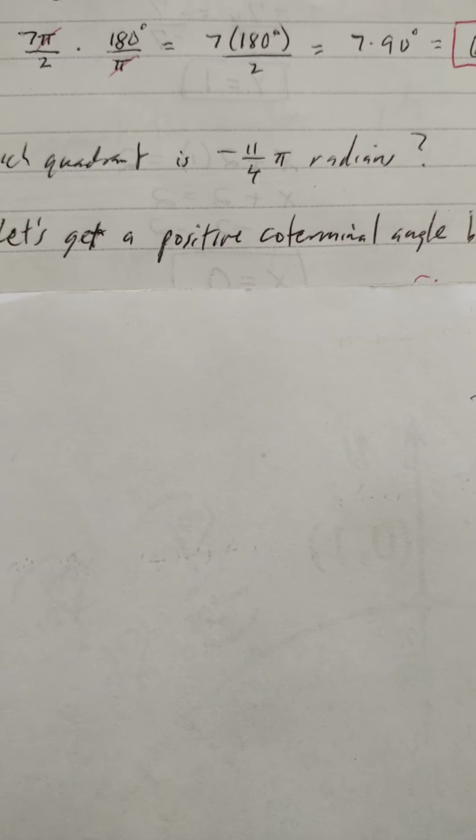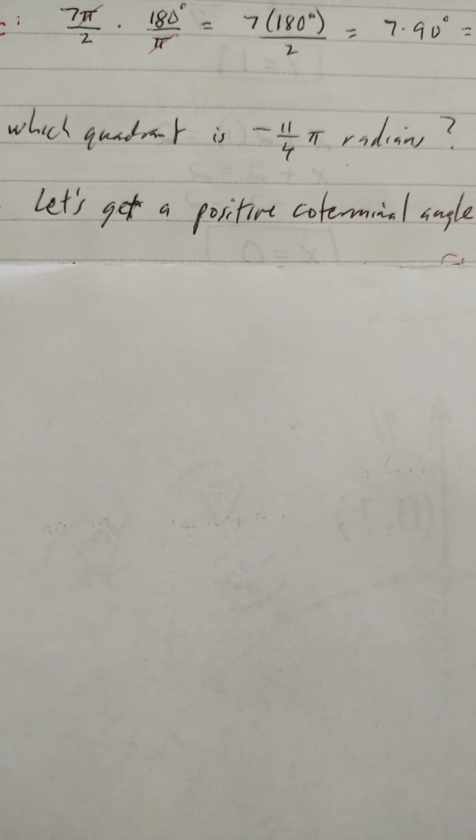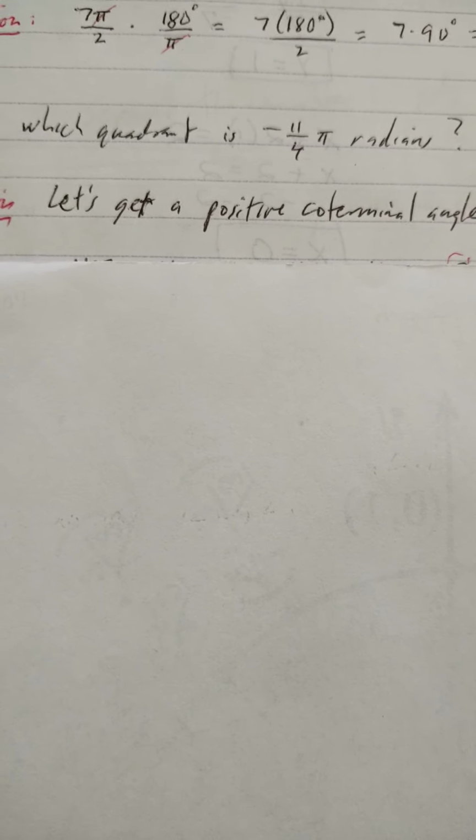I like to get it in the interval from 0 to 2 pi. That makes it easier. If I just add 2 pi, which is a complete revolution, to this angle of negative 11/4 pi, my angle's still going to be negative because 11 divided by 4 is more than 2. So instead of adding 2 pi, I'm going to add 4 pi, because any multiple of 2 pi is a full revolution, which means you'll have a coterminal angle.